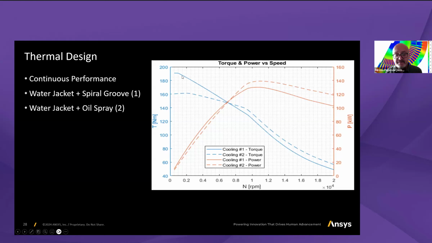And we notice that we have some benefits. For the first system, we can achieve higher peak torque in continuous performance at lower speed, but the other one with oil spray is more relevant, especially from the higher rotational speed range point of view, when we can achieve higher power with the oil spray system.